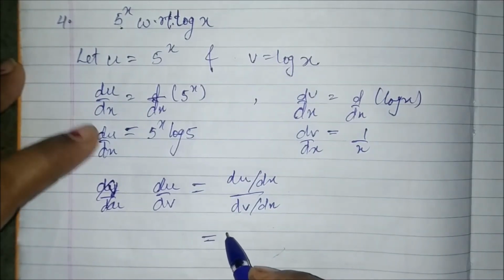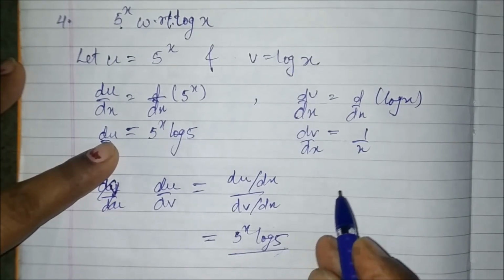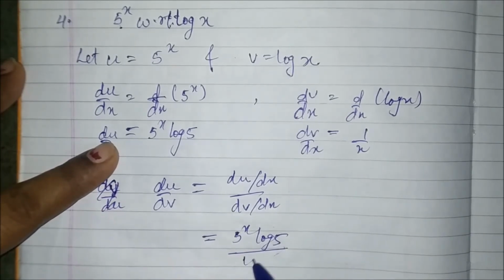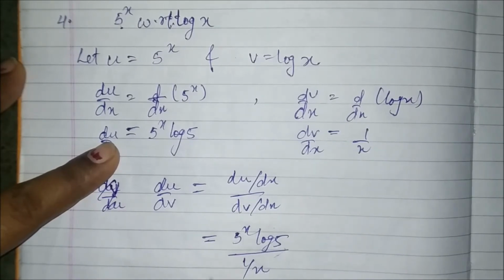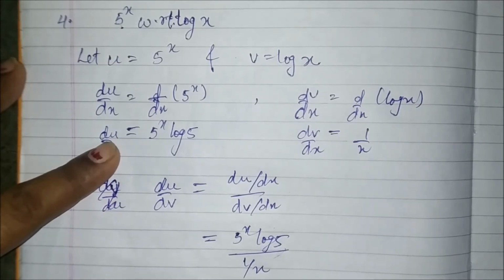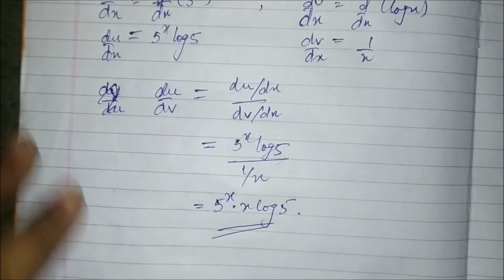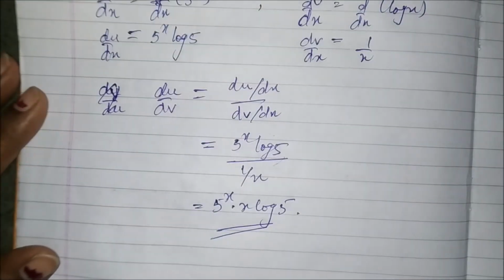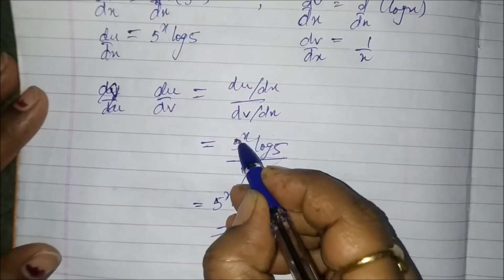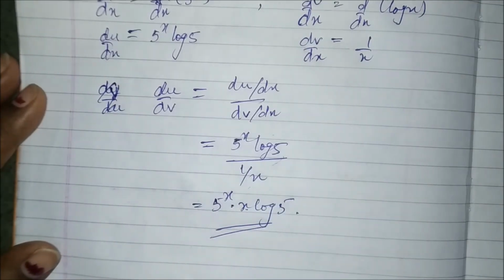So du upon dx is 5 raised to x log 5, upon dv upon dx which is 1 by x. It will come in the numerator. So we get 5 raised to x into x log 5. This will go upside here: x log 5 and 5 raised to x.